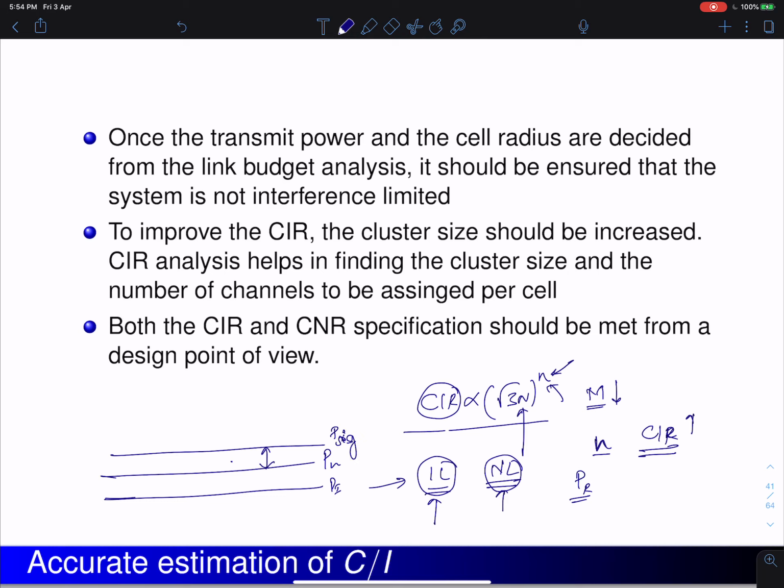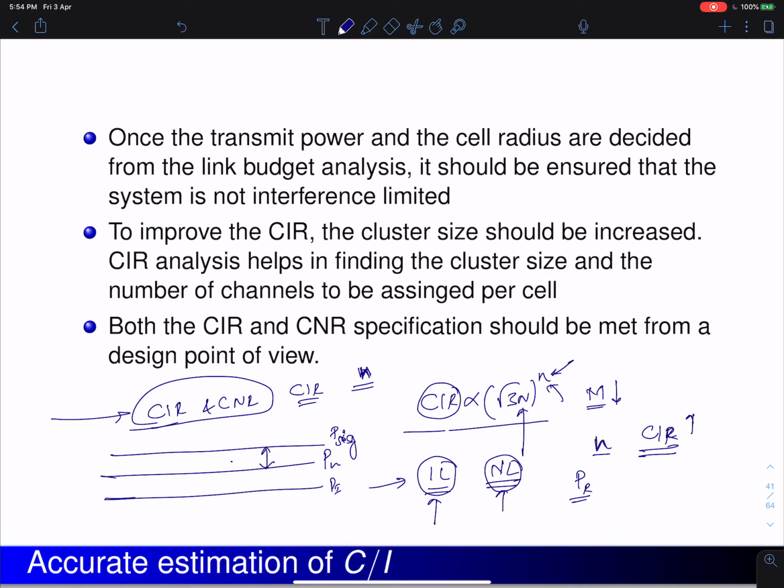So a system might have been interference limited before. Let's say we performed two experiments, one with a lower path loss exponent and one with a higher path loss exponent. Previously the system might have been interference limited, but with a higher path loss exponent, it might become noise limited. So fundamentally you have to satisfy both CIR and CNR for your system to work. Both have to be satisfied to get the desired BER, bit error rate.